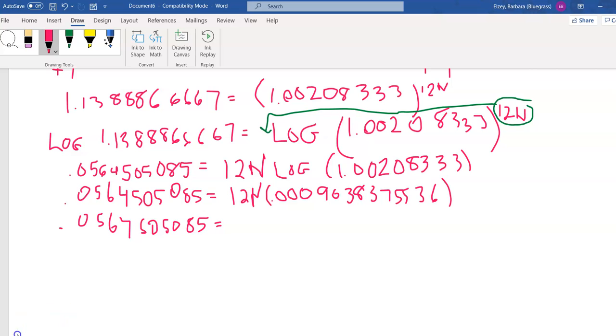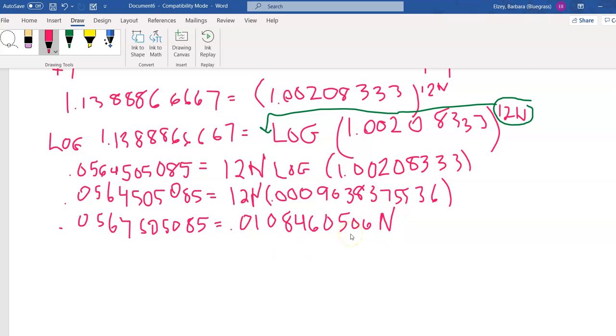So 12 times 0.0009 gives me 0.0108460506. And I still have my n.